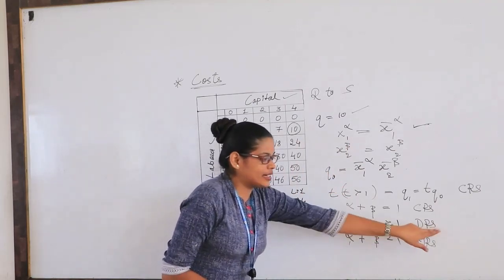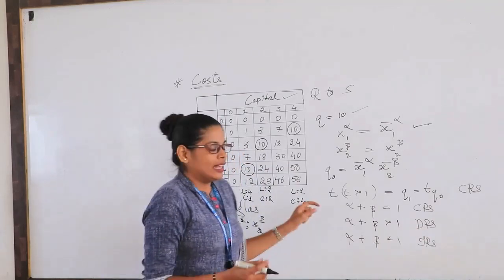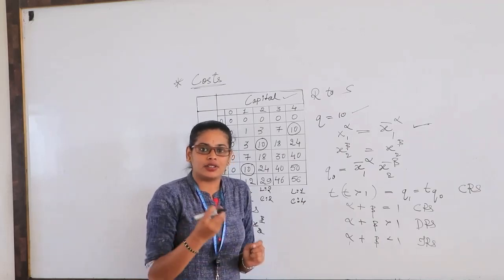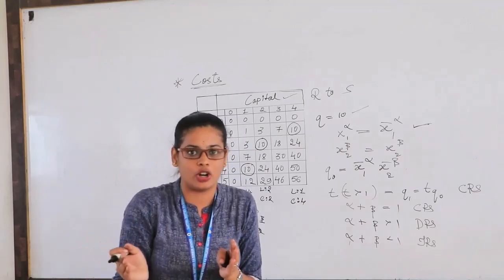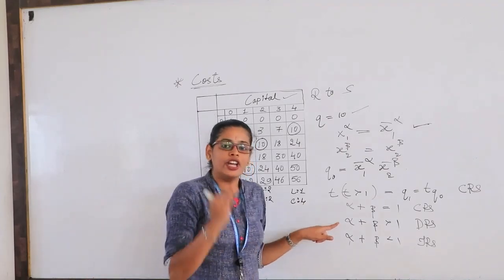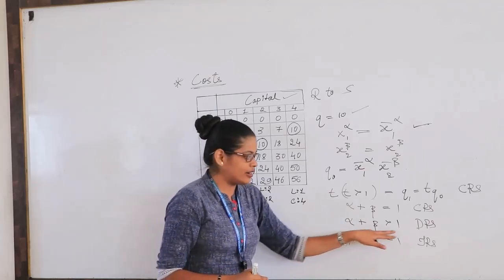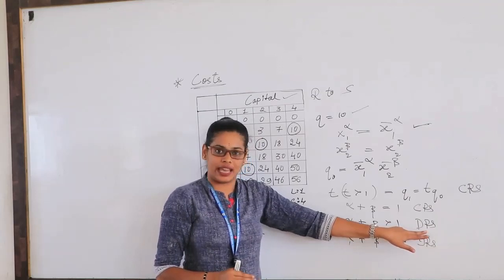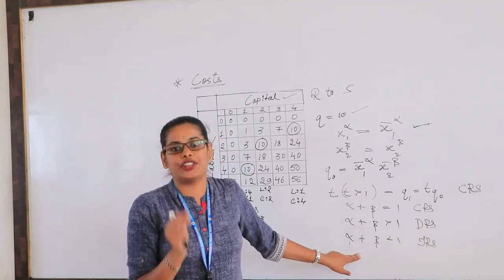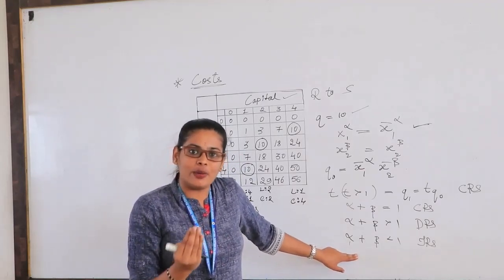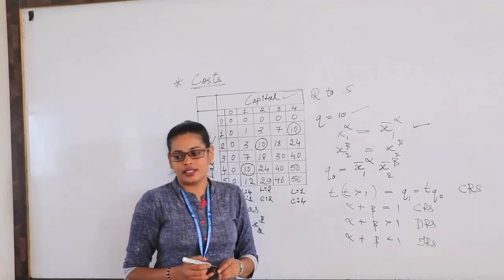Why this is decreasing returns to scale is that whatever input you have changed, at least there should be the same proportion of change in the output, right? But in this situation, you are getting less than the change you have made in the input. So that's the reason we call it decreasing returns to scale. And if the output proportion you receive is more than the ratio you changed in the inputs, then we call it increasing returns to scale.